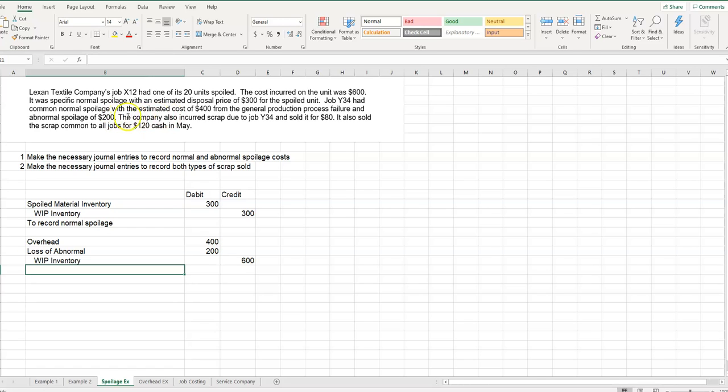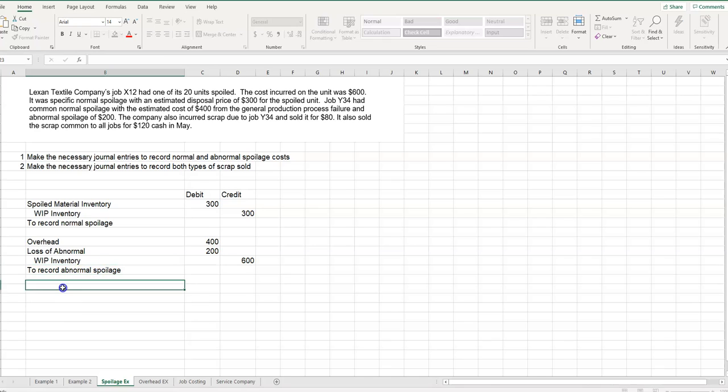Now we have scrap sold in relation to job Y34, we sold that for $80. And then we have scrap common to all jobs for $120. So first we're going to record the scrap sold for Y34.